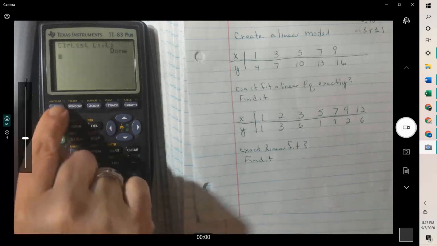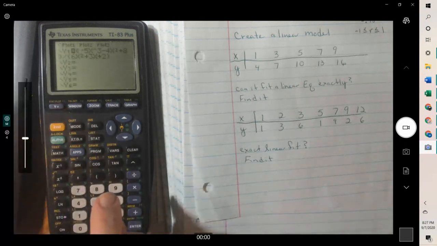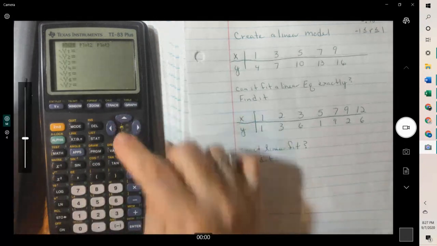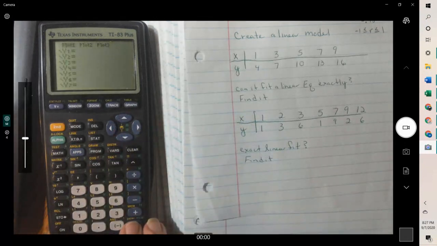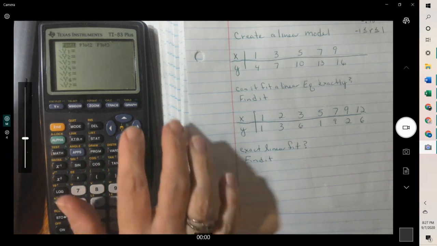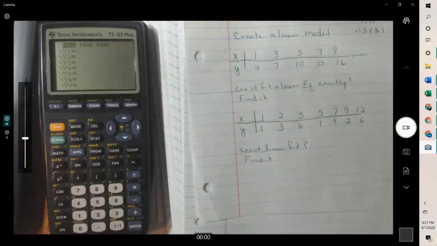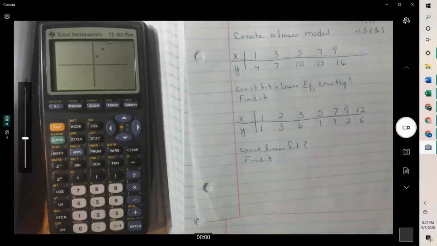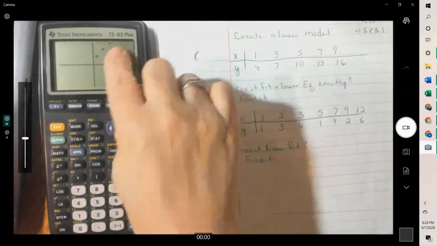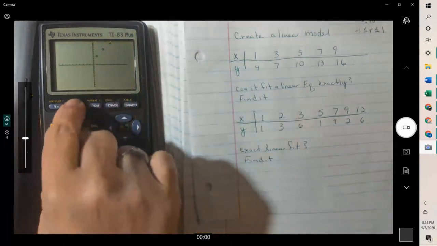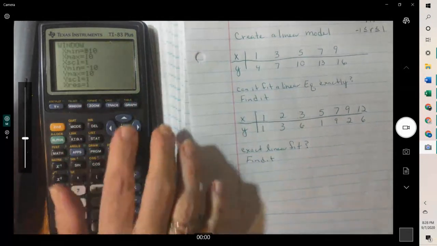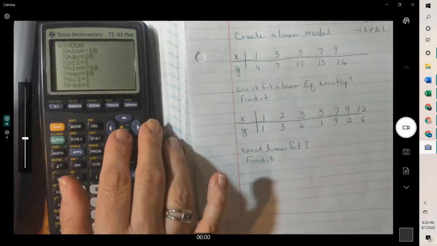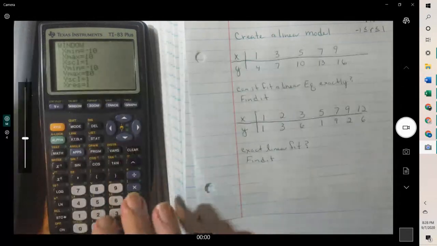Graph it. You want to go under Y=. Let me clear that. And then see the Plot on the top? I want to plot the points. So I hit enter to be able to plot it. Notice it's highlighted now. And then go Graph. And there's my graph. Now if I want to see more of these points, I can go to my window and make my Y values higher.